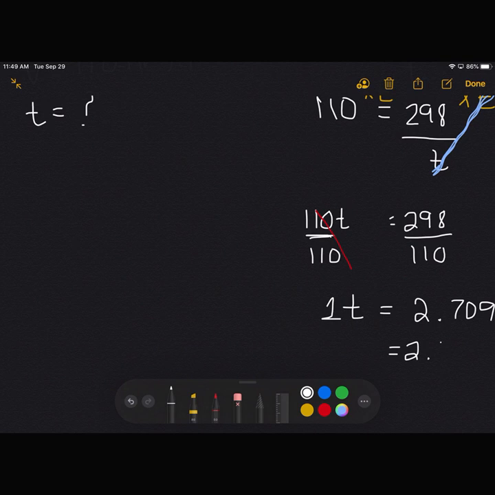Yes. So why Kai is saying it's 2.71 is because this 9 tells us, if it's more than 5, then this number goes up by 1. Alright? So we just round that up to 2.71. It's a time, so our time is in hours. Okay? That's where we're going to end today.